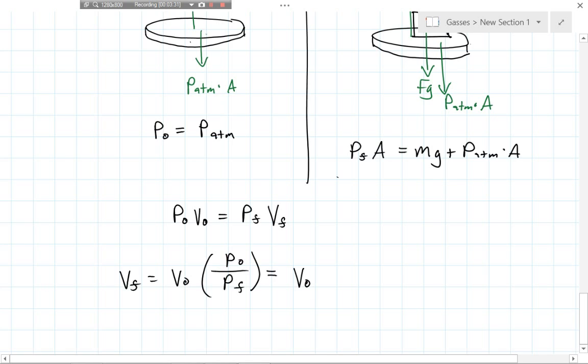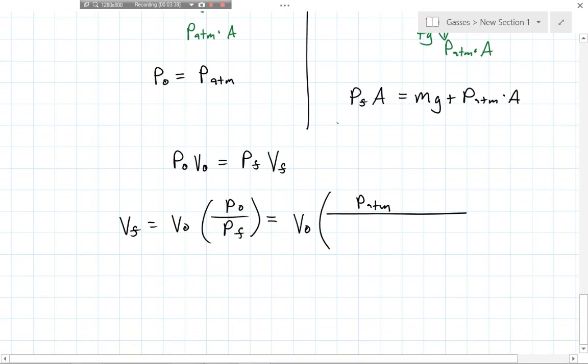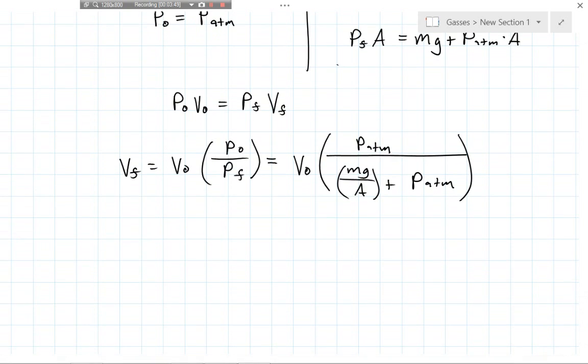And this is V initial times the initial pressure, which is atmosphere, and the final pressure is just this divided by the area. So it's mg divided by area of the container plus atmospheric pressure. I know the area of the container because I was told it has a radius of 20 centimeters. Actually, let me rewrite this slightly.